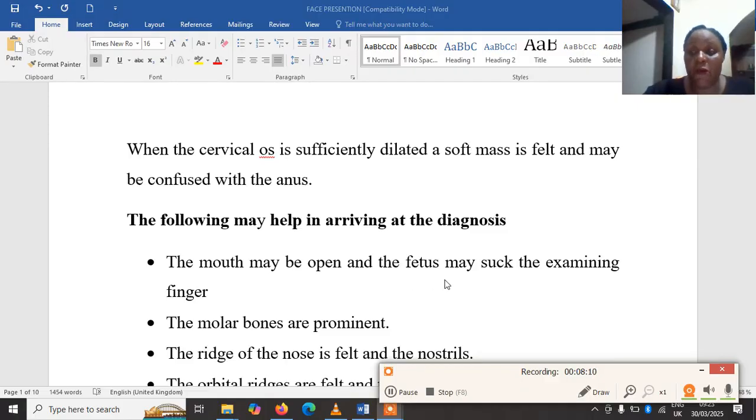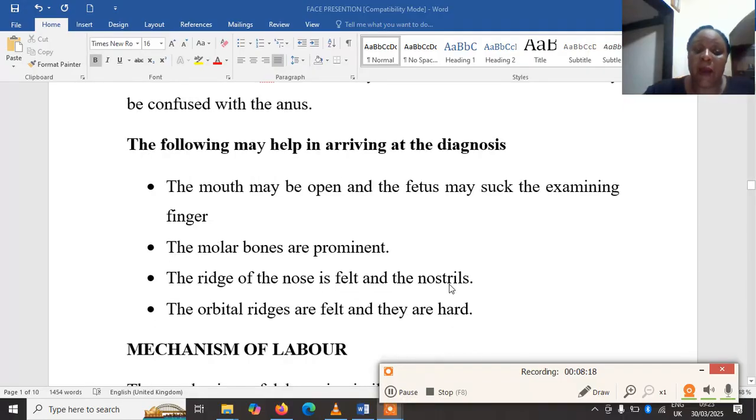Therefore, we can think of a face presentation. When we continue to palpate, we can feel the malar bone. We can also palpate the ridge of the nose, and the orbital ridges may be hard. This is on vaginal examination, and these are a few distinct findings which may help us detect a face presentation.